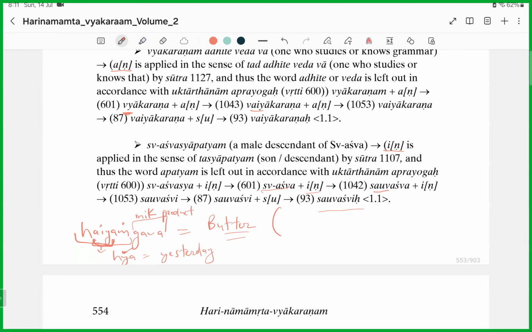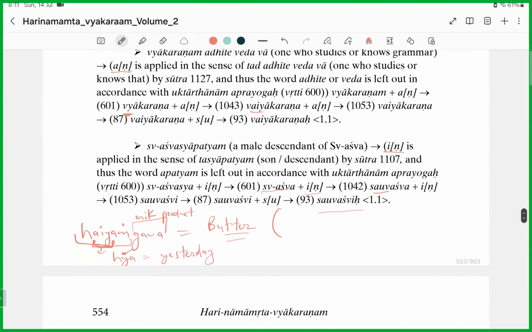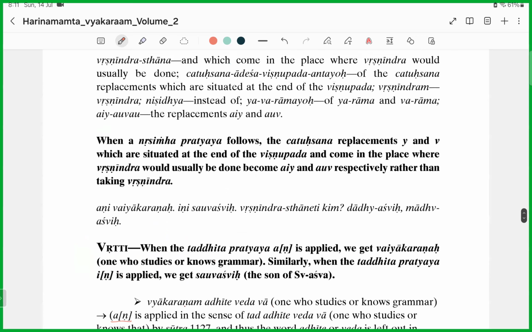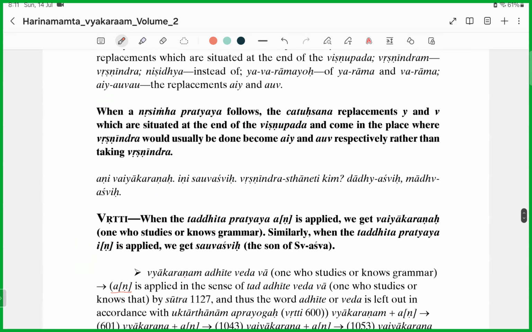So I would have thought that the Vrishnendra would apply to the Sarveshwara. Like in Vyakaranam, there is a Sarveshwara Rama. So why do they say that the place where the Vrishnendra would be done is there rather than at the Sarveshwara?